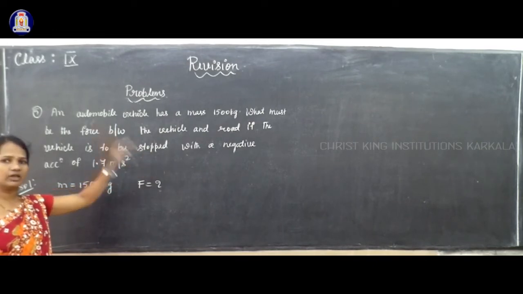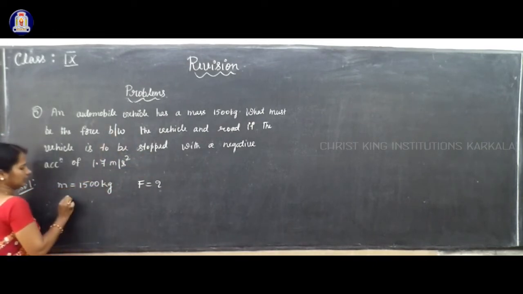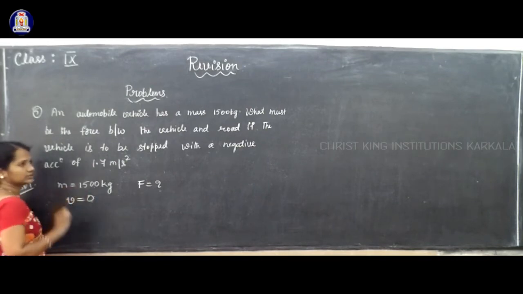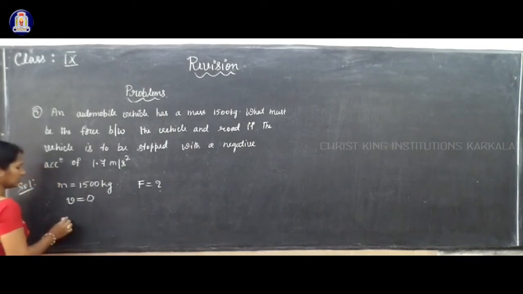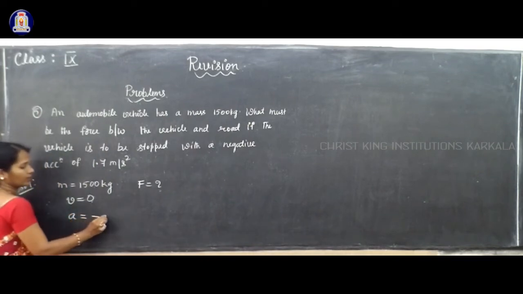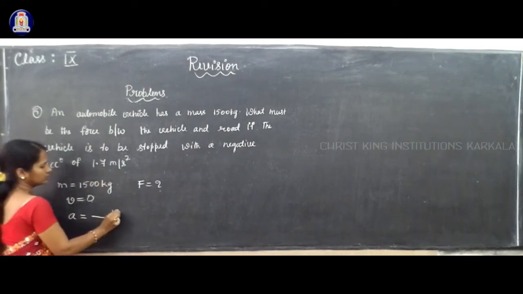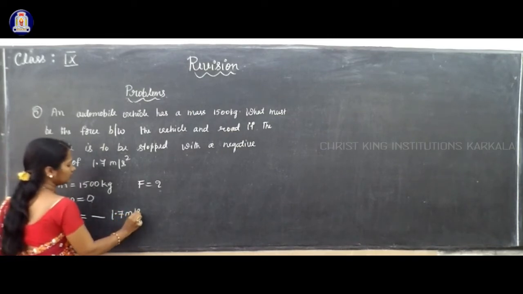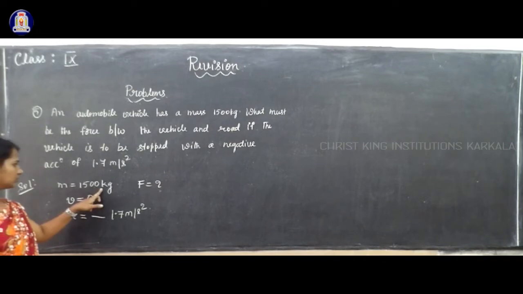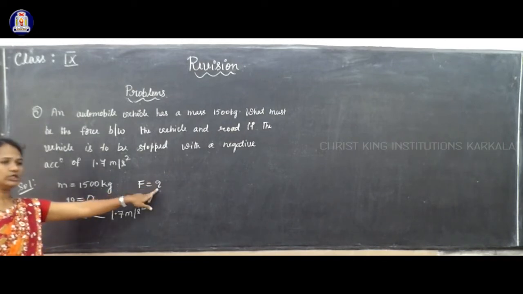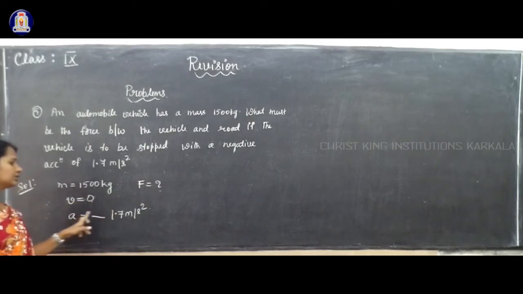So final velocity of the vehicle V is equal to 0 with a negative acceleration. A is equal to minus 1.7 meter per second square. M is given, 1500, V is 0. F we are going to calculate.